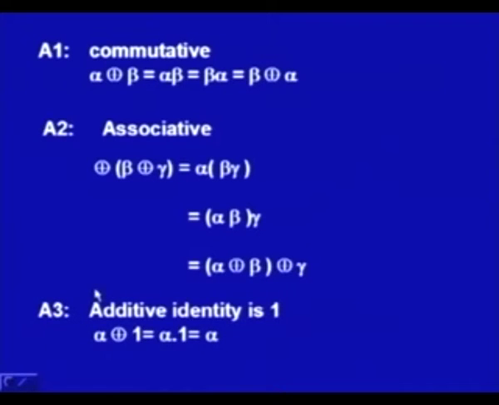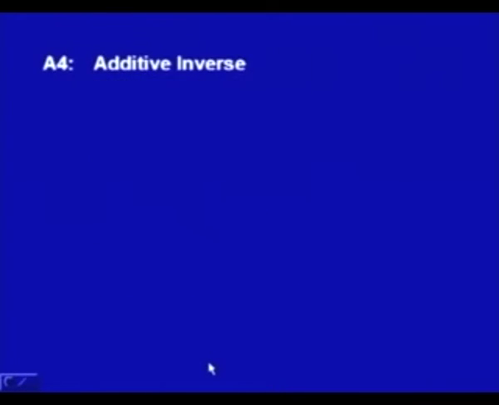Next is the additive identity, it is 1. Alpha plus 1 is equal to alpha multiplied by 1, because the way I have defined this operation, it is the product of the two. Alpha into 1, a real number multiplied by 1, is the same real number alpha. So, this is the additive identity.